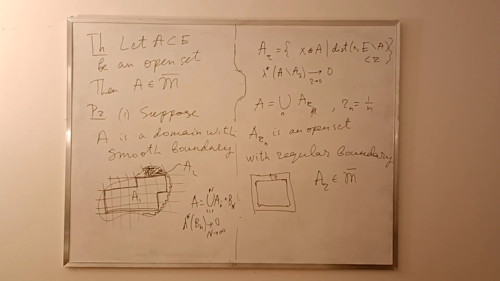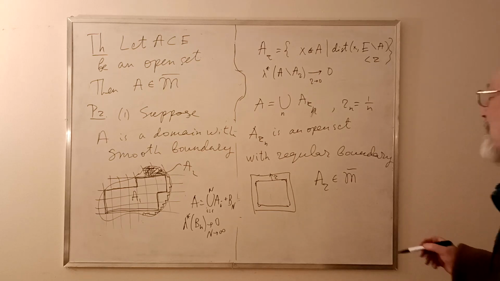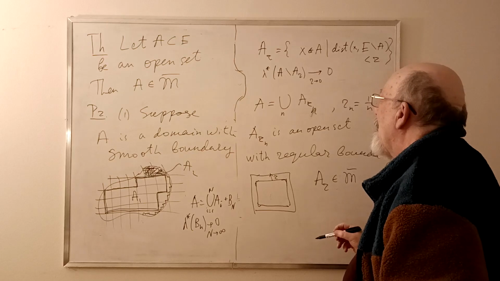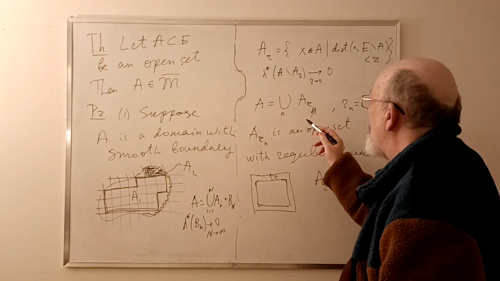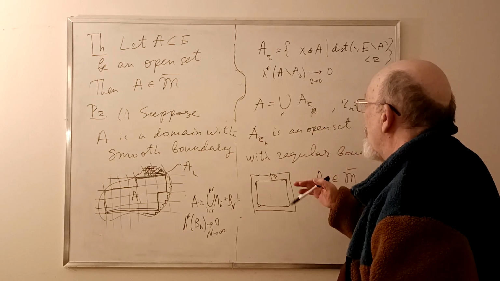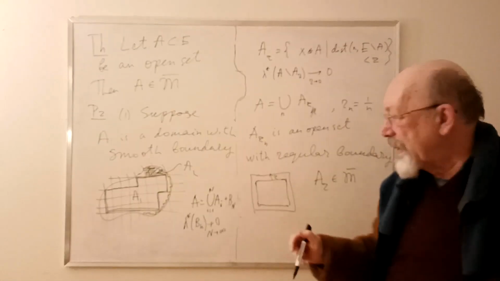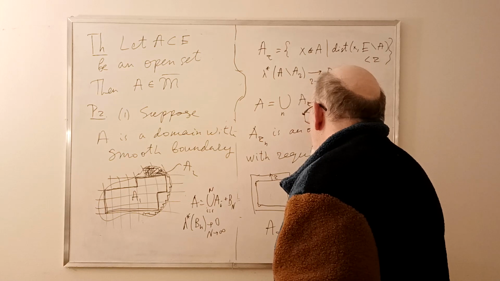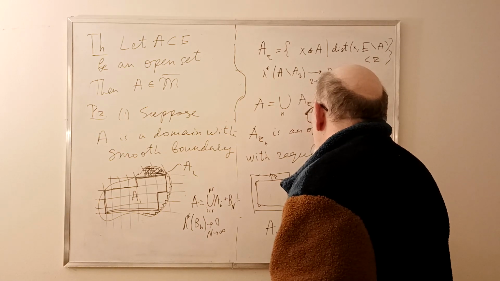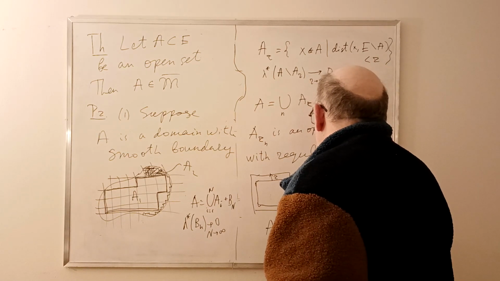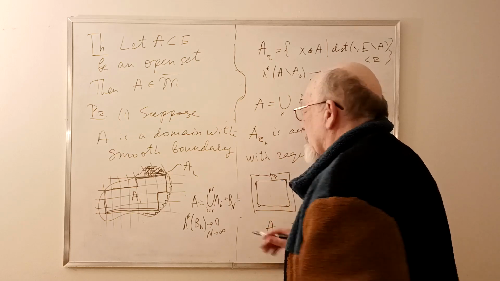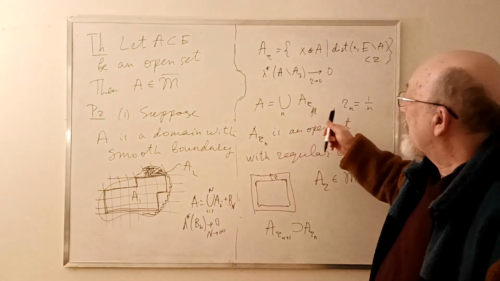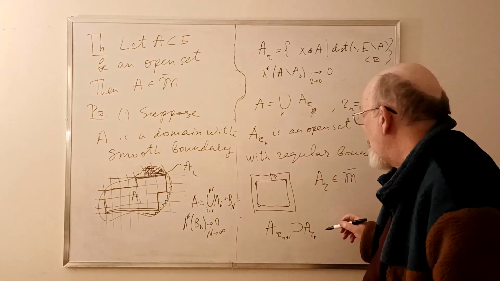So it is an open set, and because A is the union of these things, it is a growing set: A_{R_{n+1}} is more than A_{R_n}. So we have a growing sequence of sets in M bar.